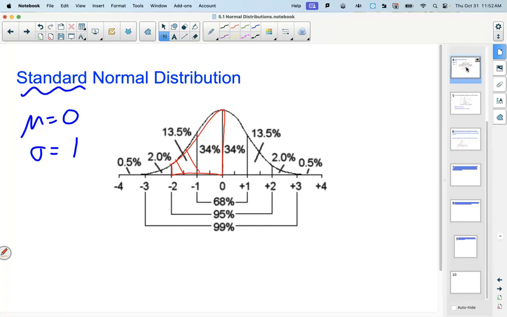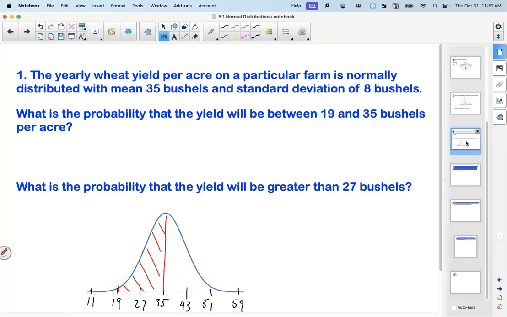And what's the area of that region? What's the probability of being between there? That's 34% plus 13.5%, which gives us 47.5%.